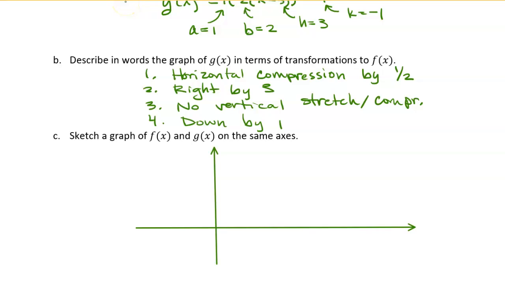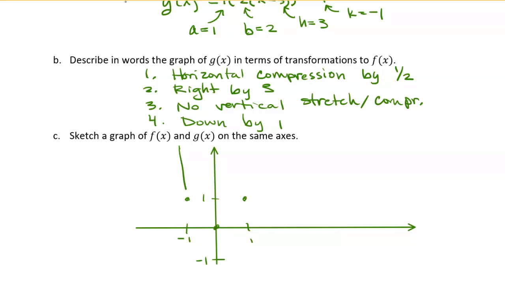Let's put some values here: this is -1, this is 1, and this is 1 on the y-axis. We need a linear scale, so good enough. I know x squared goes through (0, 0). 1 squared is 1, -1 squared is 1.